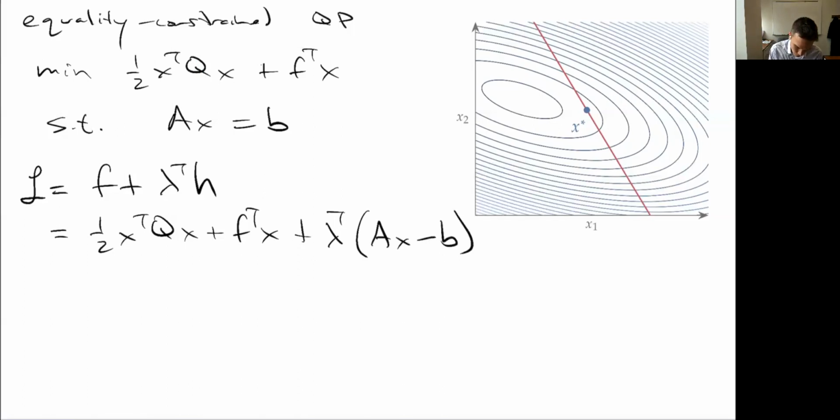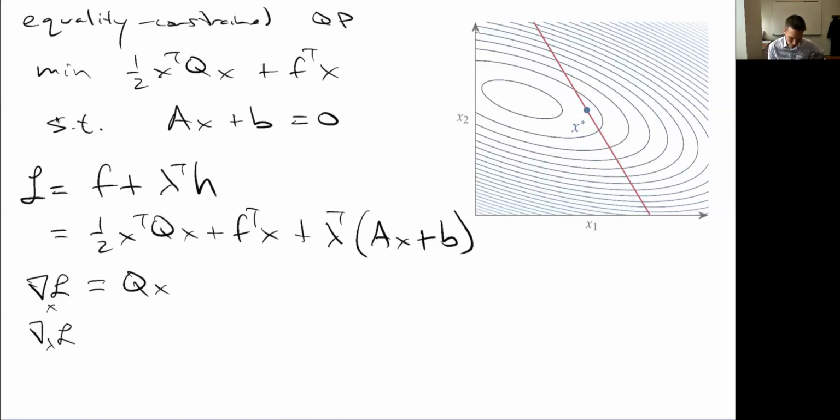Actually, to be consistent with the book, let me just change my linear constraint to be this. I had used a positive sign, so just so not to create any confusion. It doesn't matter, you just have to be consistent on the signs. So now we take the partial derivatives, partial with respect to X and the partial with respect to lambda. We set those equal to 0, just like we did before. So if I take the derivative with respect to X, this gives me QX, and that's why we put the 1/2.